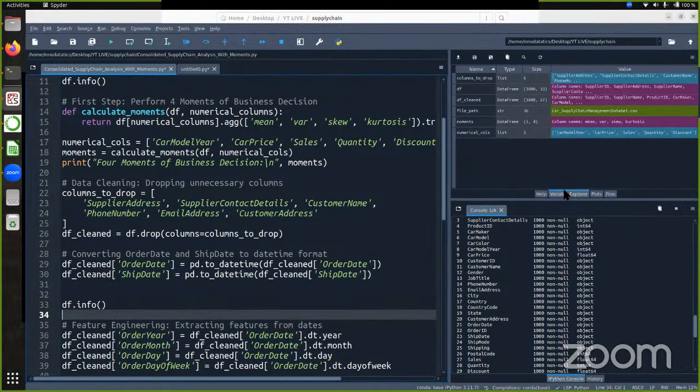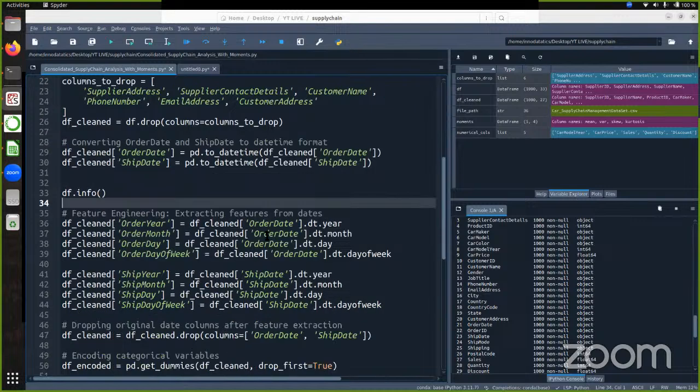After we do this, we are going to extract our year, month, and day. We are also going to extract the day of the week on which the order was placed.